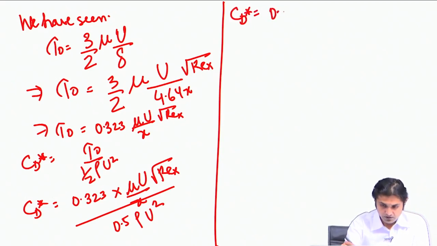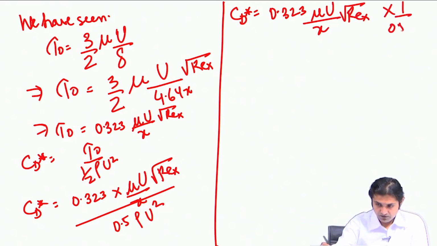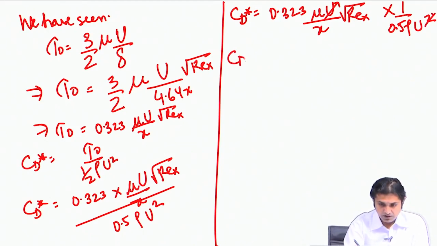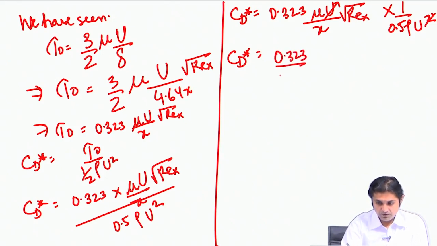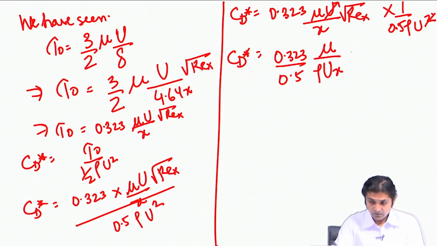CD star is equal to 0.323 capital U by x under root Re x into 0.5 rho U square. So you can actually cancel this U and U here. So CD star can be written as 0.323 divided by 0.5 mu by rho capital U x under root Re x.